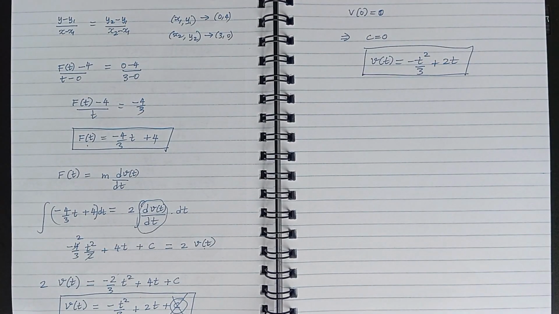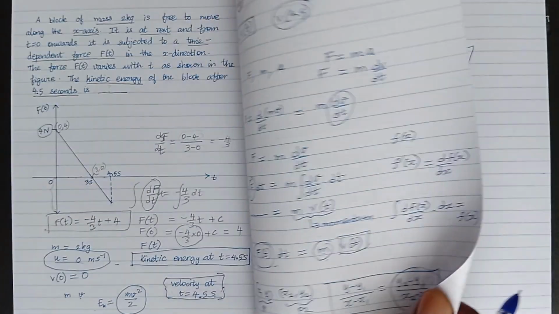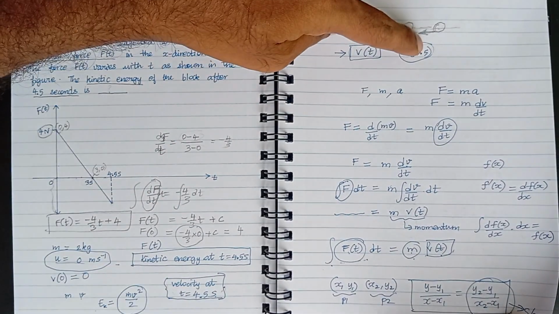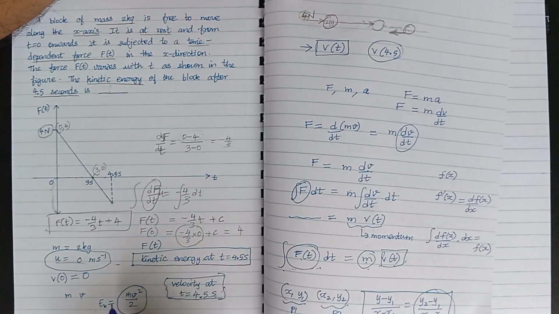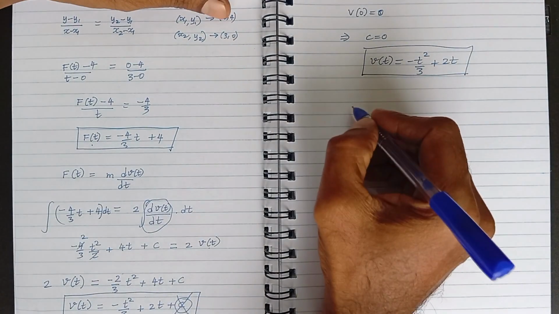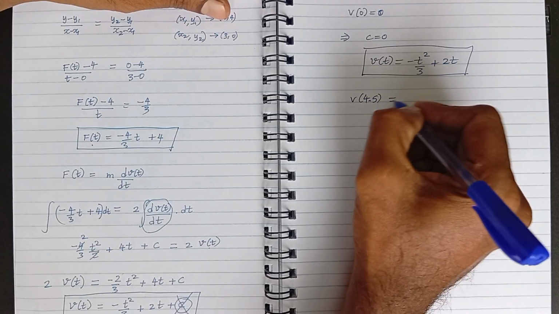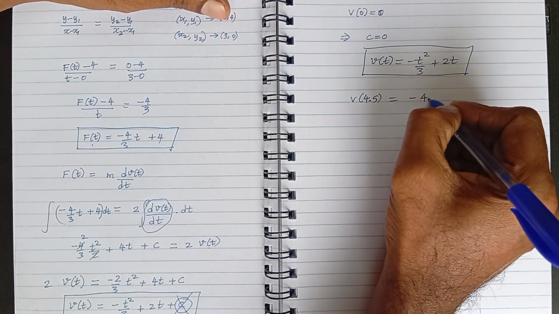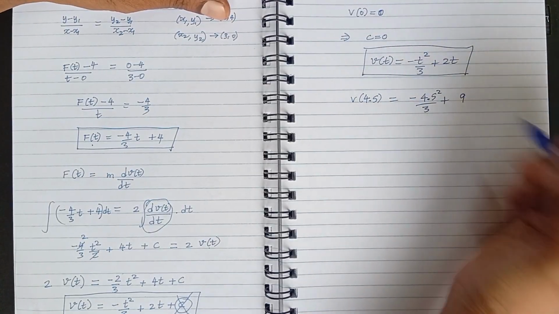Okay, so now it's almost solved. We are almost there. All that remains is to substitute t equal to 4.5 in this function, and we are going to get this velocity, and thereby we are going to get this kinetic energy, right? So let's do that. We have v of 4.5 equal to minus 4.5 square by 3 plus 2 into 4.5, 9.